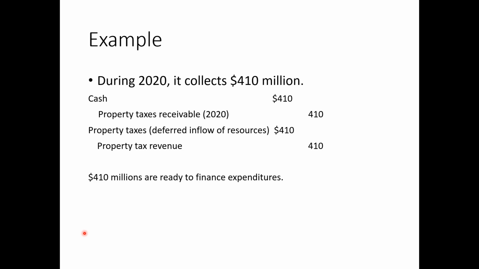During 2020, it collects $410 million. So we record the collection: debit cash, credit property tax receivables.